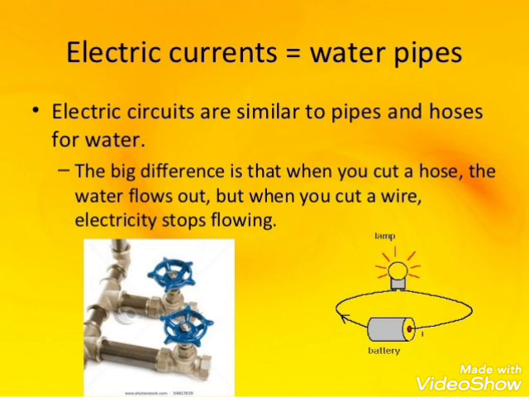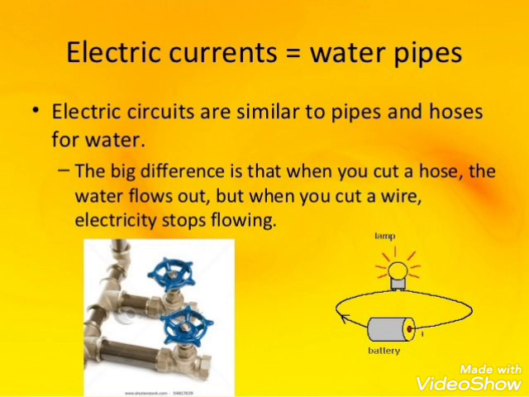For example, when we look at water pipes, the electric current is similar to them. Just like water travels in pipes up to long distances, electric currents are similar to pipes and hoses for water.